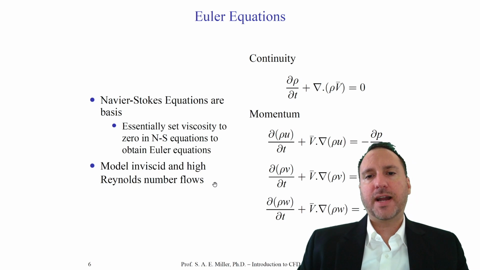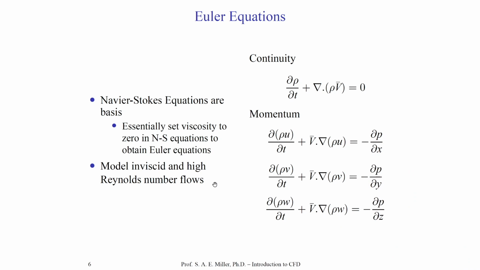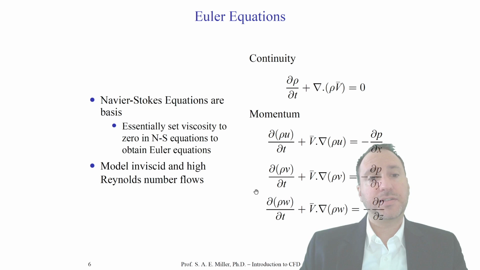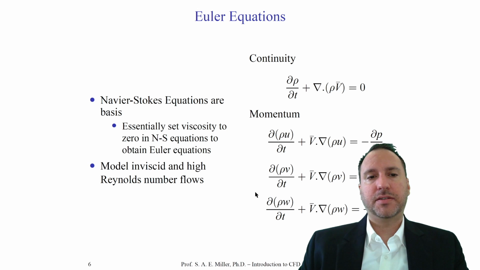Now, on the right, we show the Euler equations. We have continuity, which you still see in its unmodified form. Here, v bar is velocity, and we have the three momentum equations written in vector form. That's simple. You'll notice they're exactly the Navier-Stokes equations without viscosity. On the left, you'll see I've written some particular points where these equations are valid and can be used.